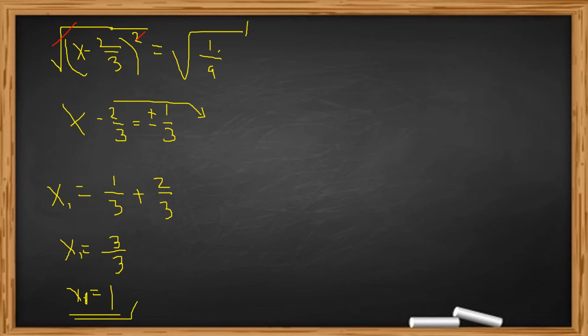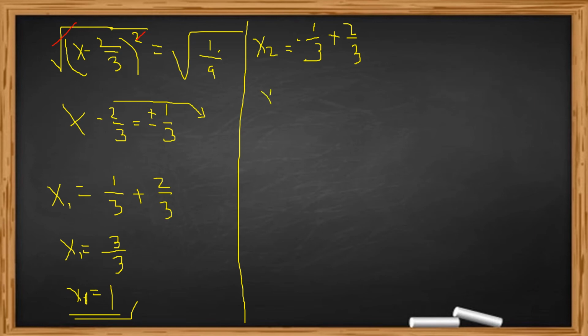How about your x sub 2? So you use your negative 1/3. So this is equal, negative 1/3 plus 2/3 still.